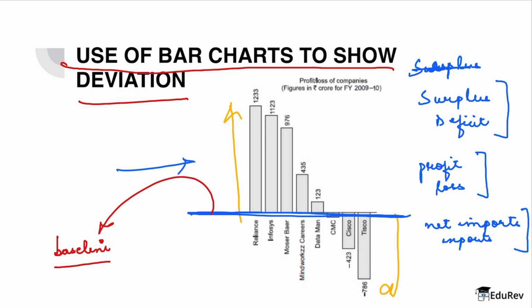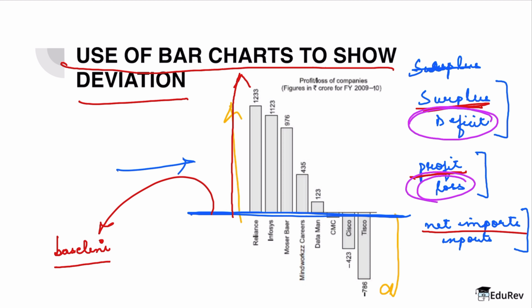And all the positive values such as your profit, your surplus, your imports, these can go in the upward direction, that is above your baseline, while the negative things, like your deficit, your loss, your exports, can come below the baseline. So this is basically the use of bar charts to show deviation.